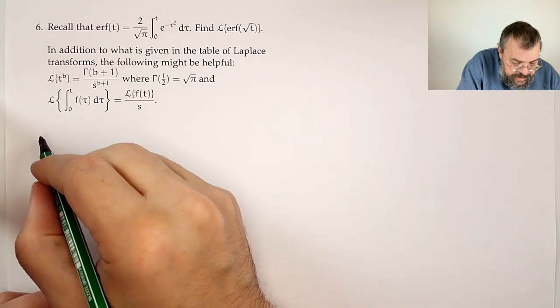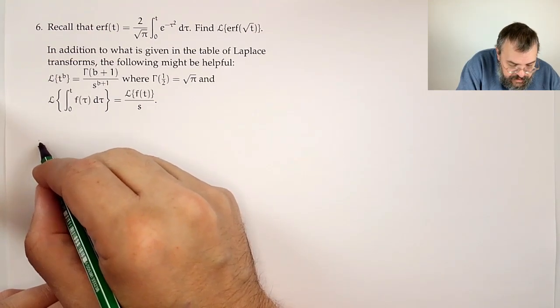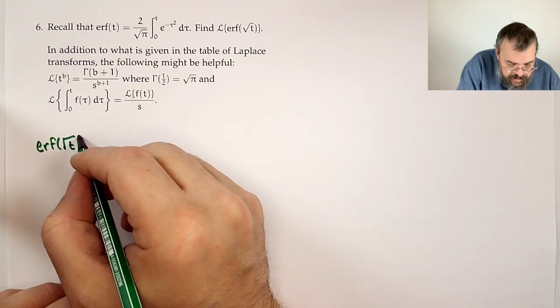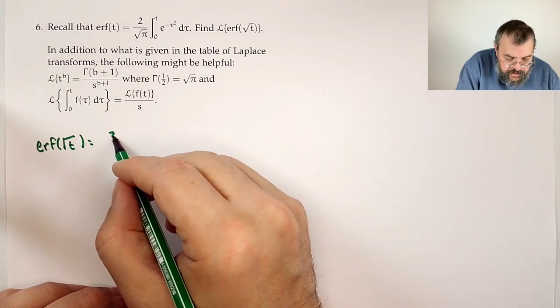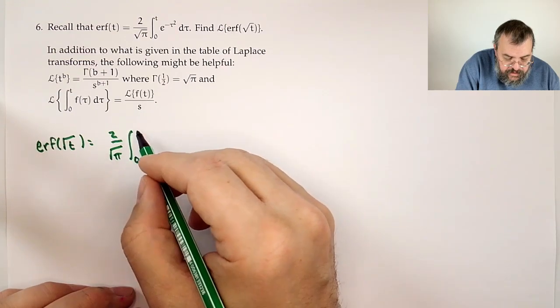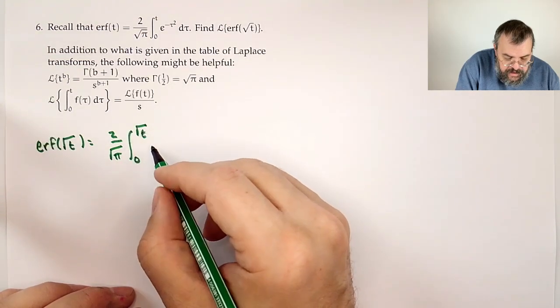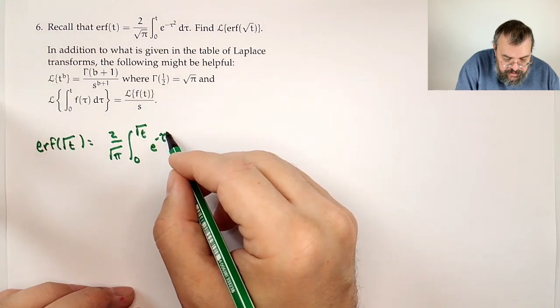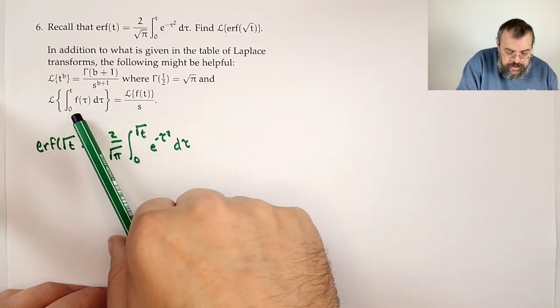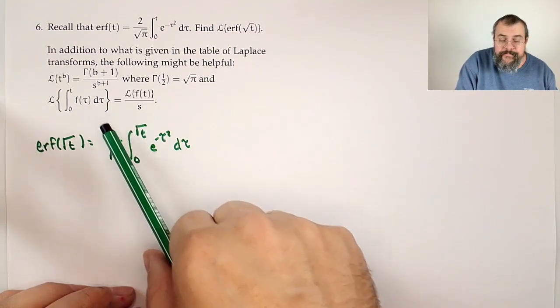So we're looking at the following function. ERF of root t would be 2 over root pi, integral 0 to root t, e to the minus tau squared d tau. So we don't exactly match that.